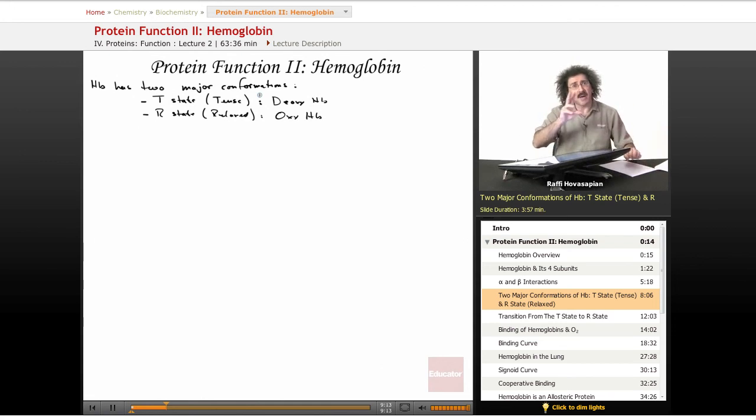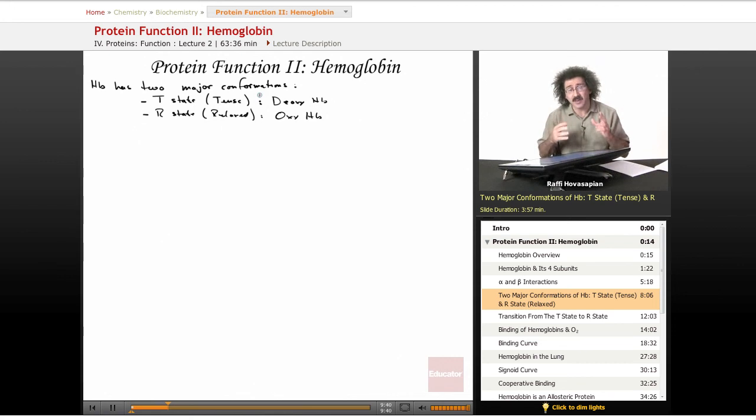As one of them binds, there's some conformational change, and it starts to move away from the tense state and make the transition over to the R state. So now it makes the second molecule of oxygen a little easier to bind. That second oxygen causes more conformational changes, shifts it more towards the relaxed state, which makes it easier to bind the third oxygen. By the time the 4th oxygen molecule binds, it's completely in the relaxed state.